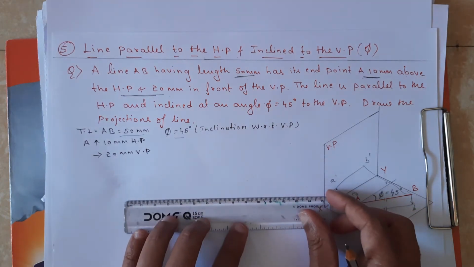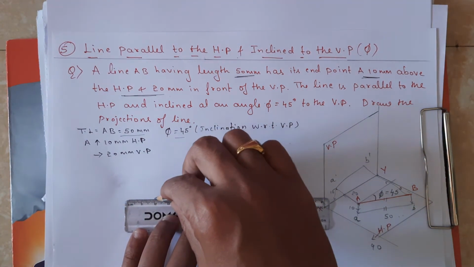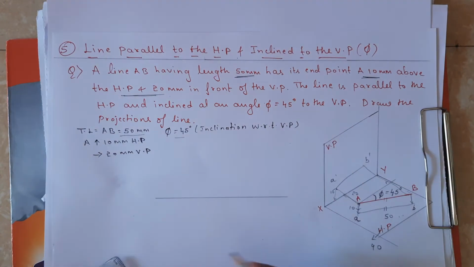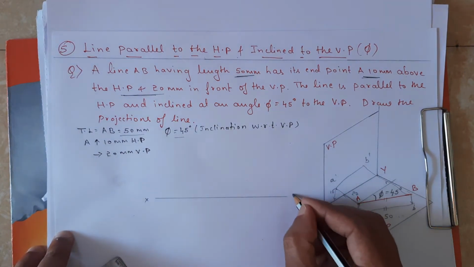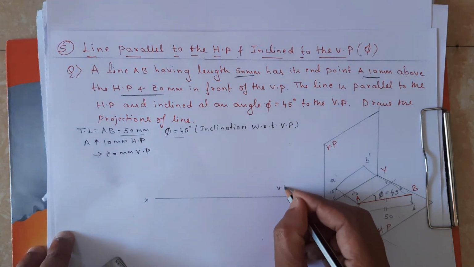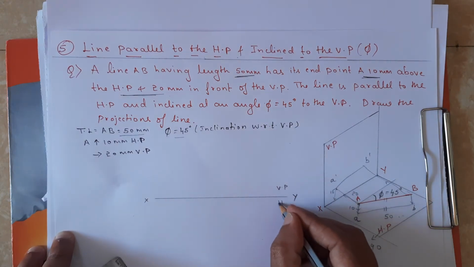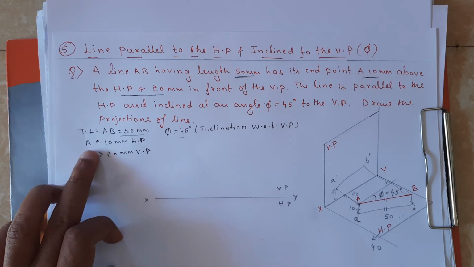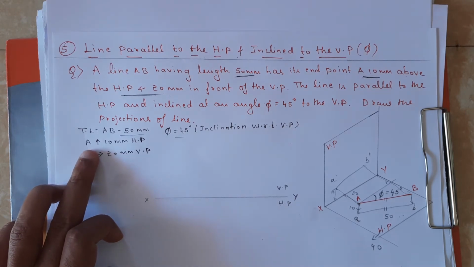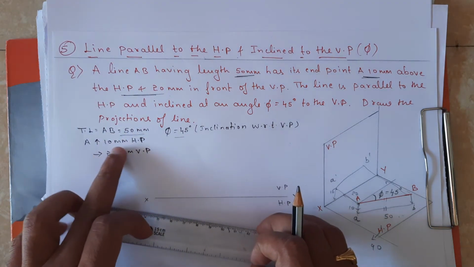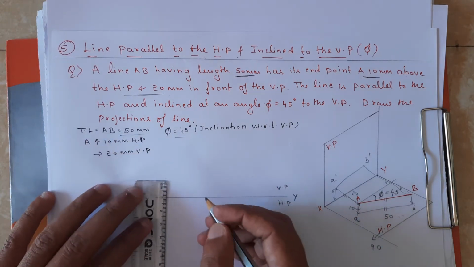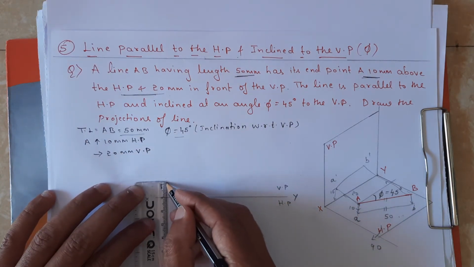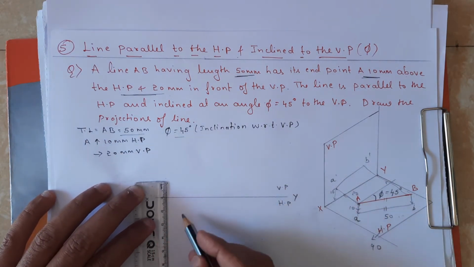First I am going to draw the XY line, with VP and also HP. First locate the point A. End point A is 10 mm above HP. With the help of a scale I am going to draw a reference line 10 mm above and 20 mm below.